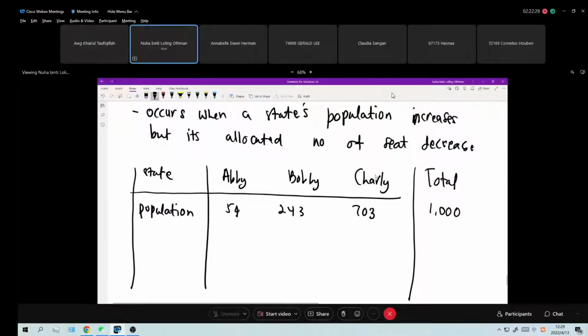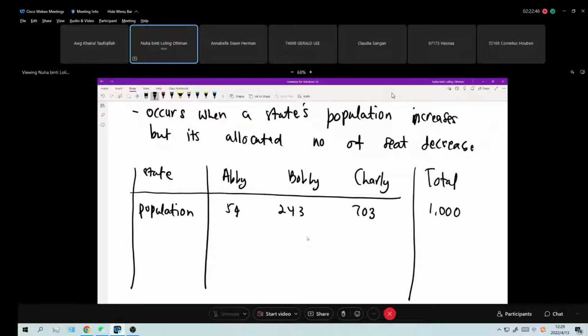Not the earlier one, which was based on how many minutes they spend reading books. So this one is based on chores. Abby spent 54 minutes, Bobby 243 and Charlie 703.